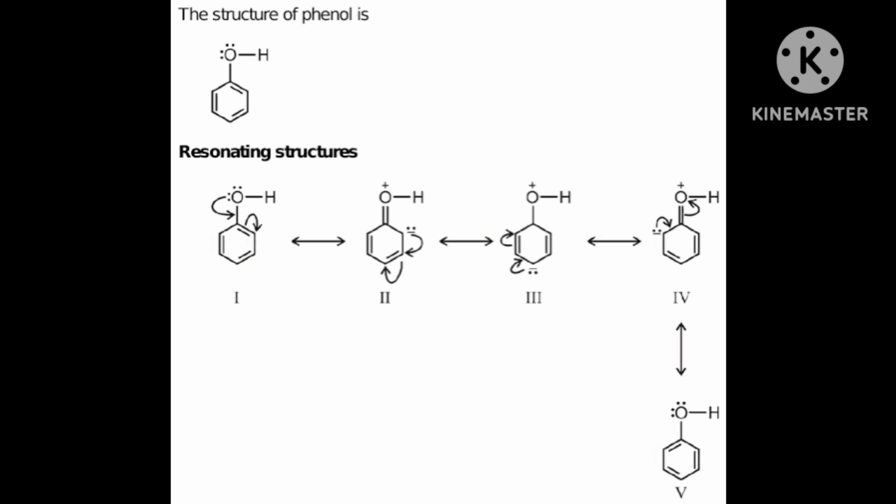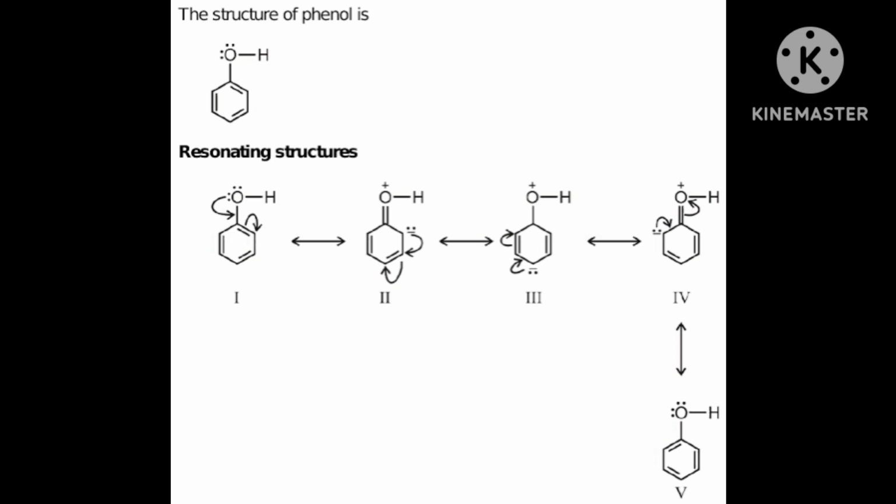Now suppose the NO2 group is attached. In substituted phenols, the presence of electron withdrawing groups such as the nitro group enhances the acidic strength of phenol, because NO2 will attract the electron. Then what will happen?